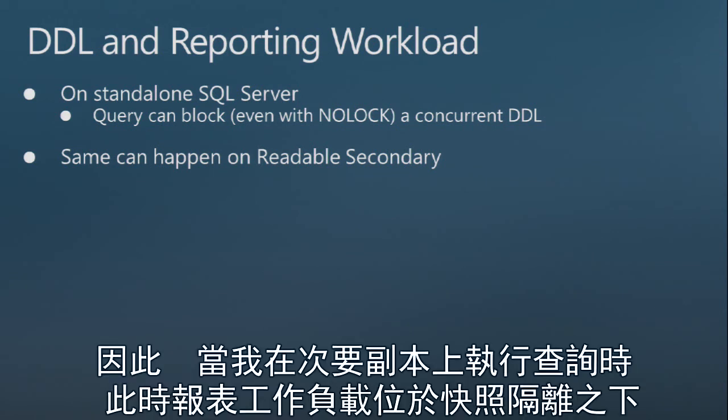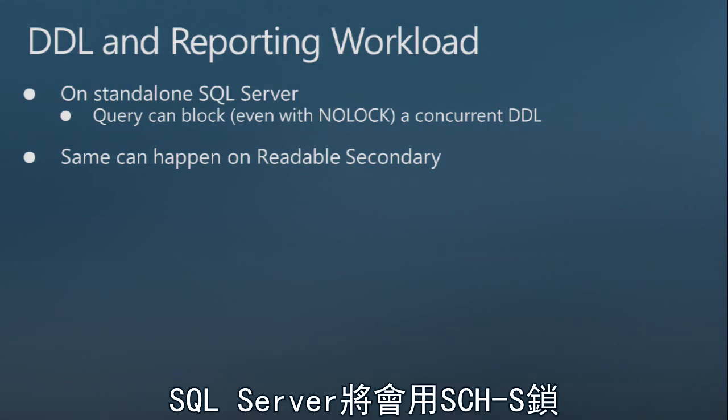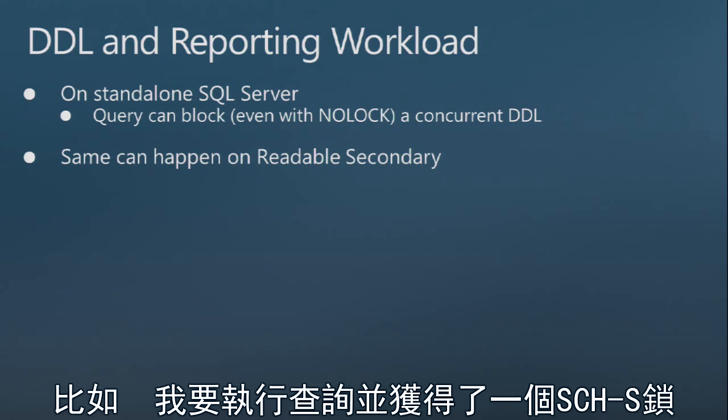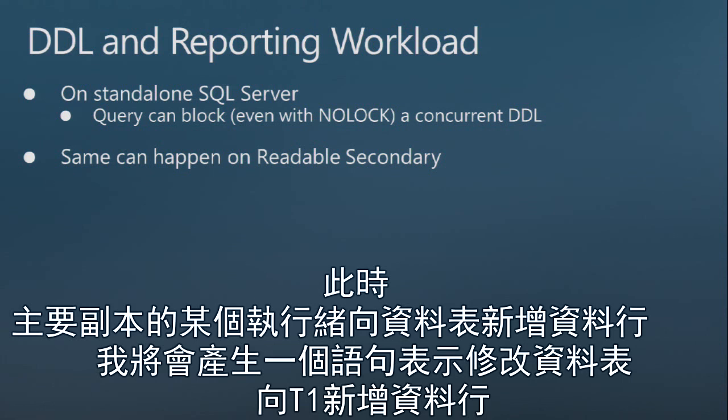So when I'm running a query on the secondary, in this case a reporting workload, under snapshot isolation, SQL Server will take a schema stability lock, a schema S lock. So let's say I'm running the query and I got a schema S lock. At this time, at the primary, there is a thread that is adding a column to a table.